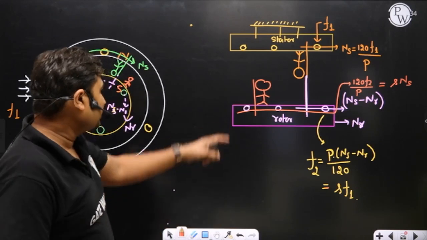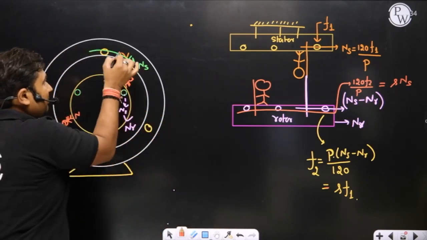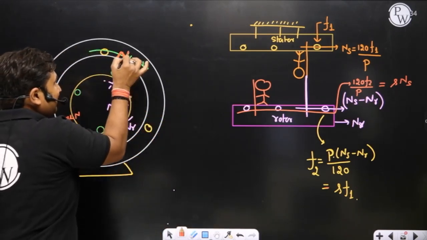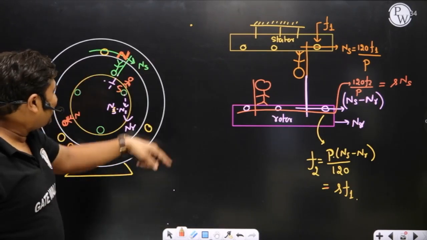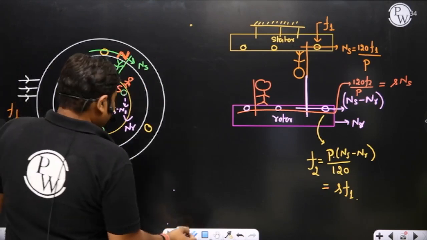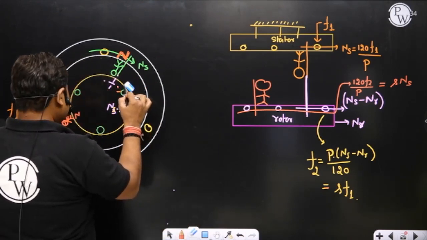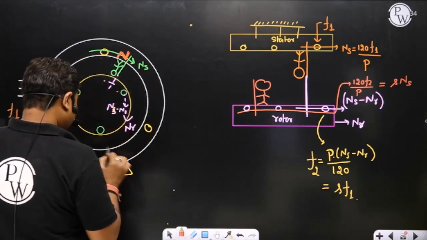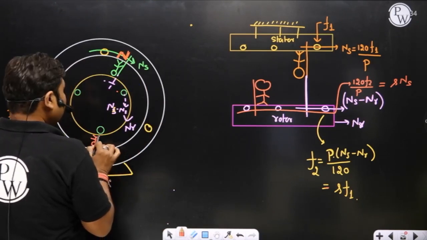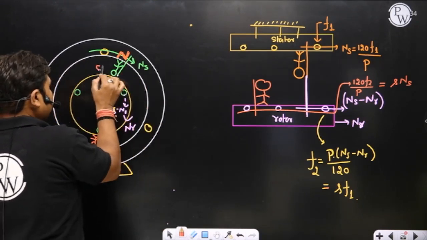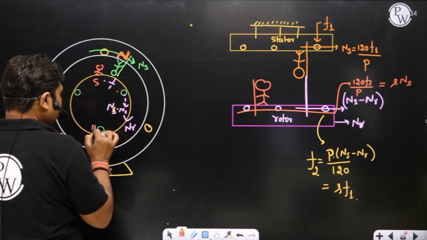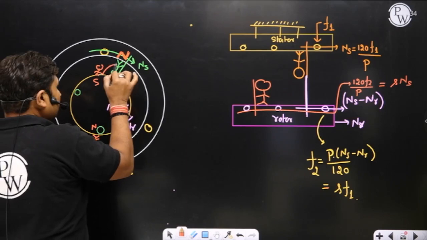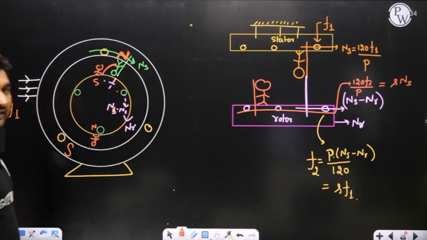Yes, sir. Now this will be your rotor south and this will be your stator north. Is it okay? Yes, sir. Let me show you rotor south a little bit behind this. So this will be your rotor south and this will be your rotor north. Now rotor south holds the hand of stator north.